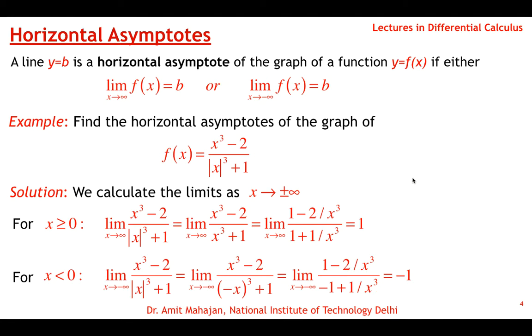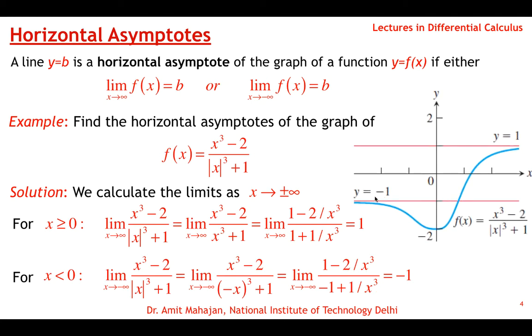Okay, so we can see this graphically also. If you plot this f(x) function, this is the f(x) function by the blue curve, and you can see that y is equal to 1 is a horizontal asymptote at plus infinity, and y is equal to minus 1 is a horizontal asymptote at minus infinity.